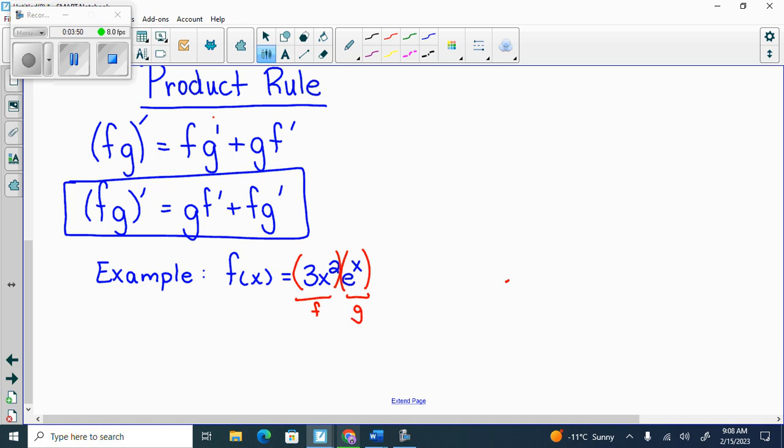So I go f prime equals, what's the derivative of f? 6x. Just x. So the 2 drops to the 3, makes it a 6, x to the 1. And what's g prime? Yes. It'd be e to the x. Technically, ln of the base e, and the derivative of the exponent, which is 1. So that's why e to the x is just e to the x, right?